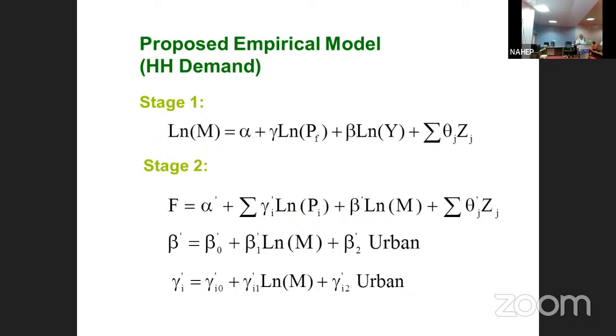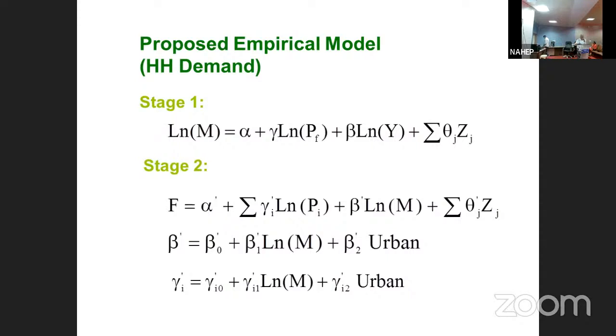Any model is called a demand model if it satisfies three conditions. First condition: the model should be homogeneous of degree 0 in income and price. Second condition, the symmetric condition, that your cross price elasticity must be equal: rice versus wheat and wheat versus rice must be the same.